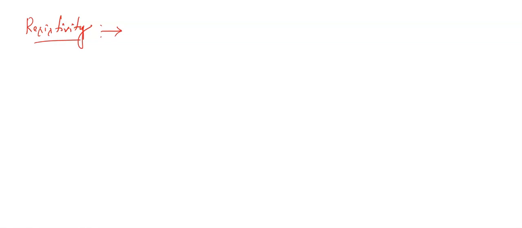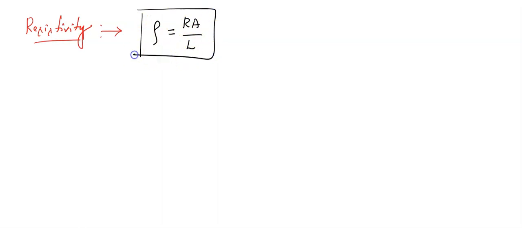That is called electrical resistivity. Understood? So here resistivity is given by the formula rho is equals to R A by L. This is a very important formula of resistivity. Is this clear? Did you understand?